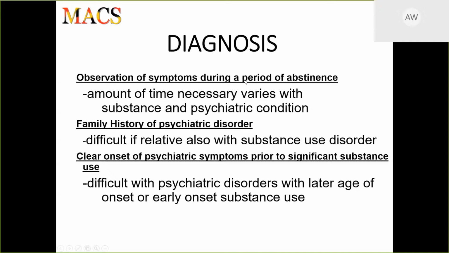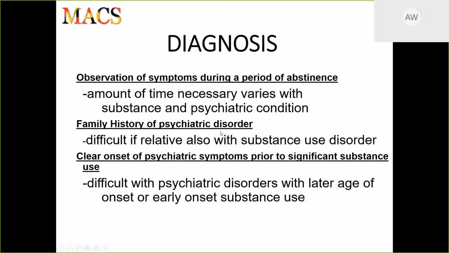But you can try seeing them when they are abstinent, or try to get them to think back and say, back six years ago when you said you had stopped using, did you still have those hallucinations? Did you still have that depressed mood? And some patients can really tell you about that. Family history of psychiatric disorder is important.